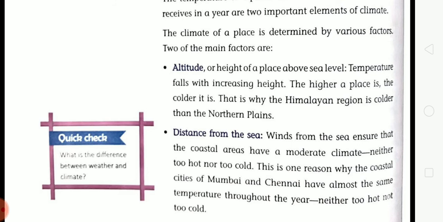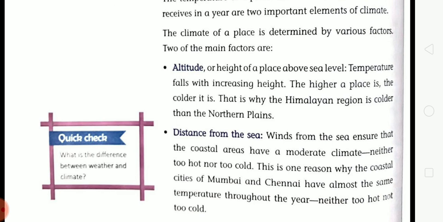Distance from the sea is the second reason that determines the climate. The sea's wind also determines the climate of any place, because wind from the sea ensures a moderate climate. Moderate climate means neither too hot nor too cold.